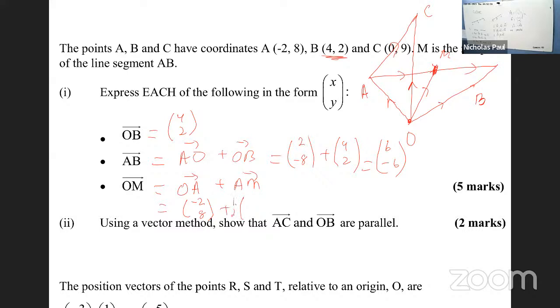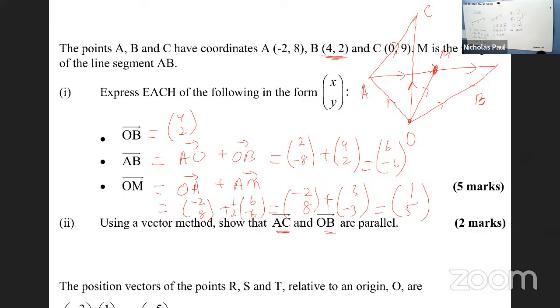Half of AB, which was 6, minus 6. So add minus 2, 8 to 3, minus 3. And you'll get 1, 5. Yeah, that's OM.